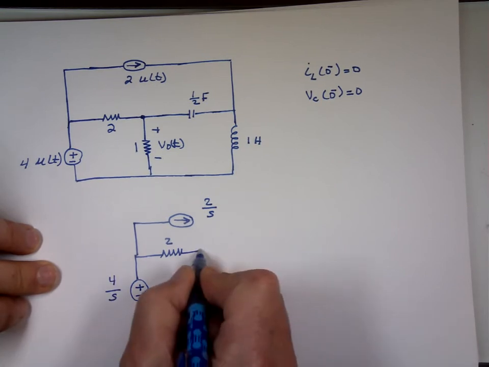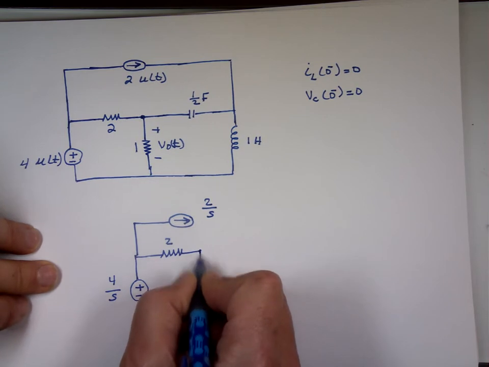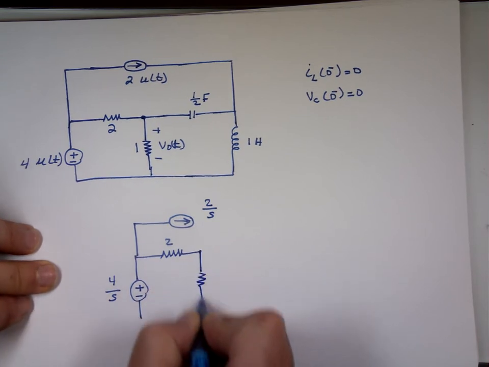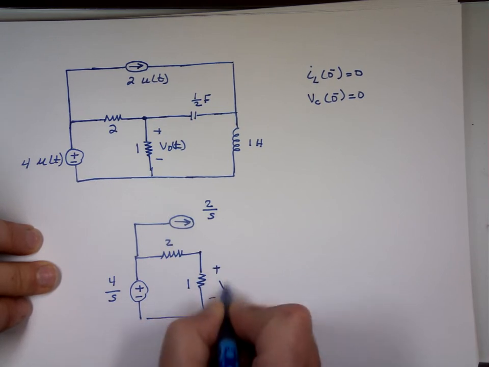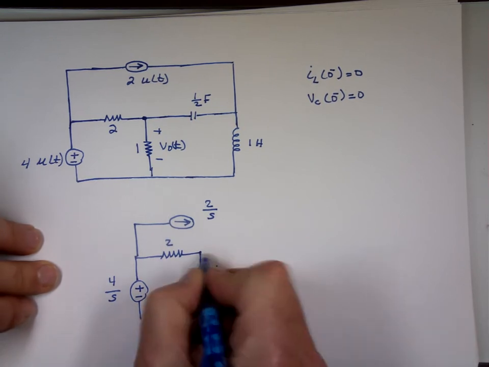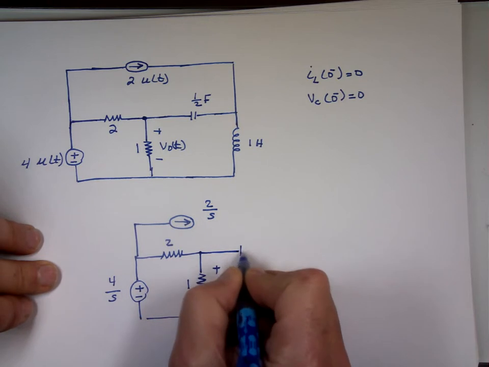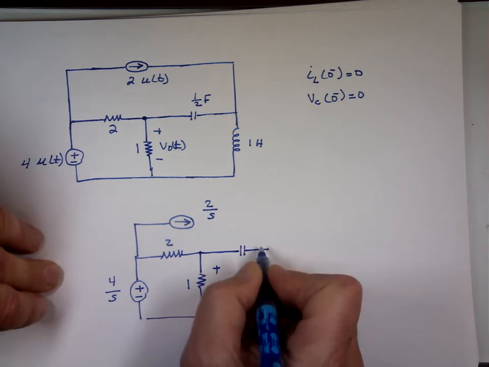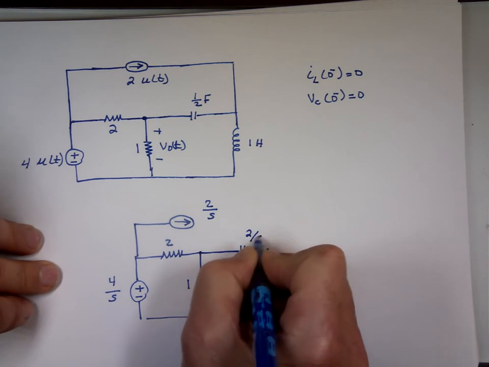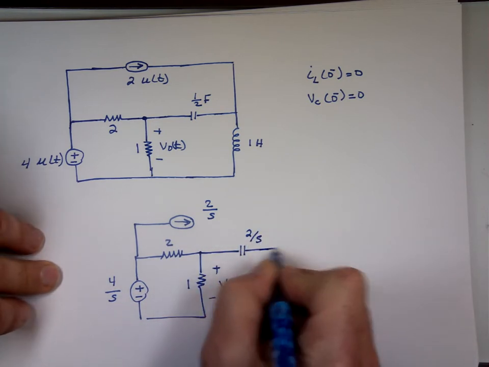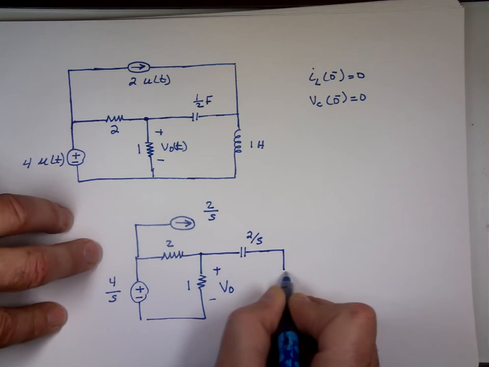I think that's a resistor there, right? I can't even read my handwriting. 1 over SC. 1 over SC. Is that 2 over S? And this is SL, 1S.